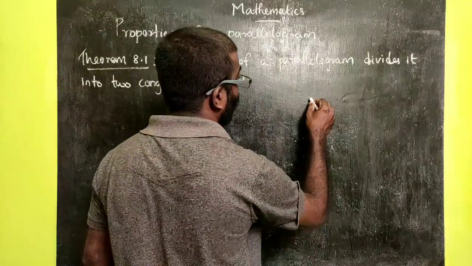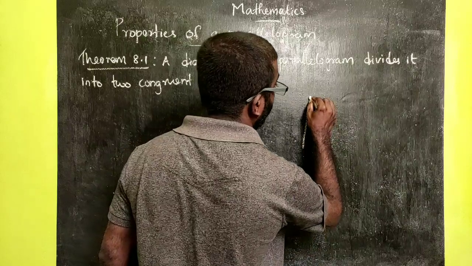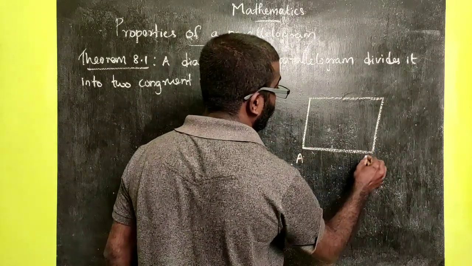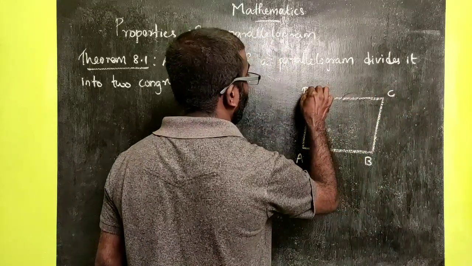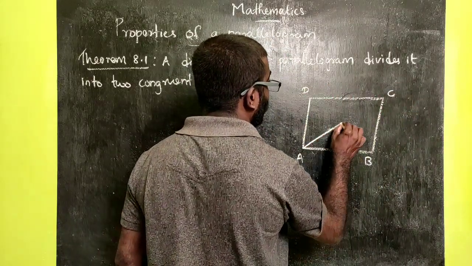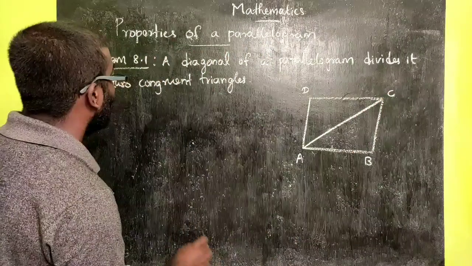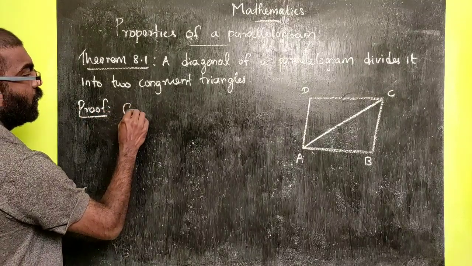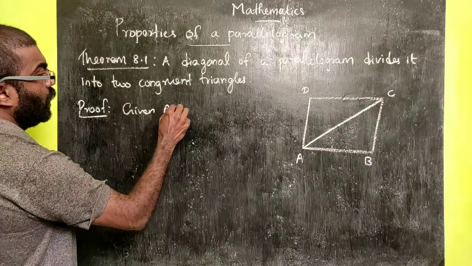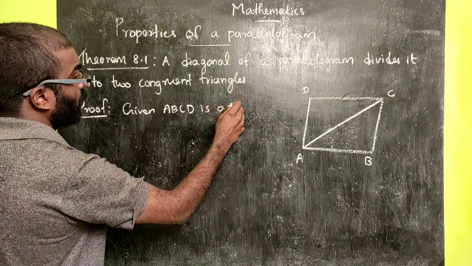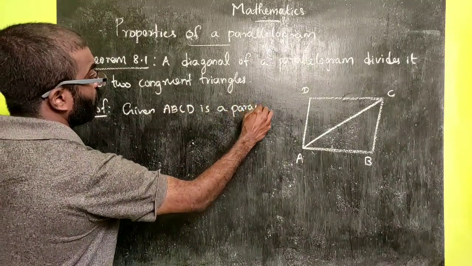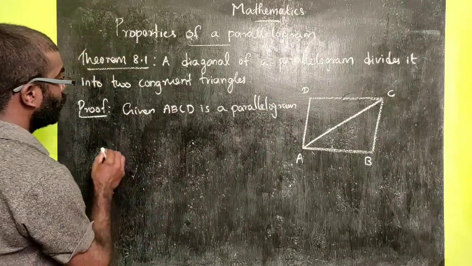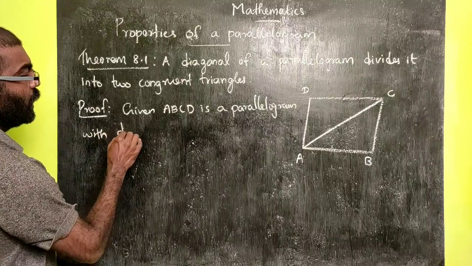So for that we can draw one parallelogram ABCD, and we can draw the diagonal AC. So proof, given ABCD is a parallelogram with diagonal AC.